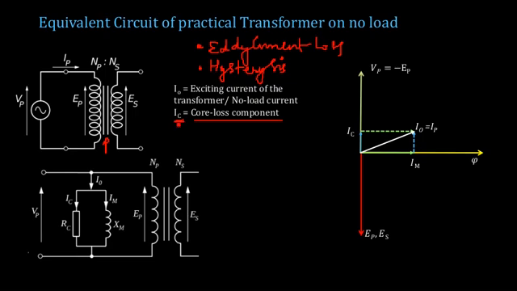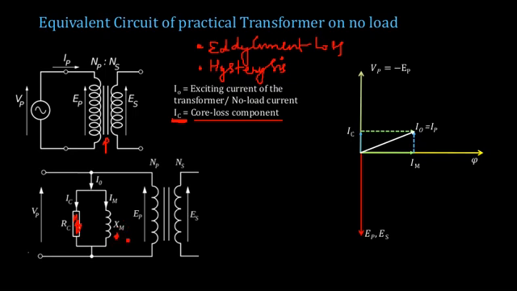And Ic, since it is a wattful component, an actual power that is dissipated, will be in phase with the applied voltage. So we represent the core loss component with a resistor, which is in phase with the voltage, and the magnetizing component, lagging behind the voltage by 90 degrees, is represented with an inductor, Xm.